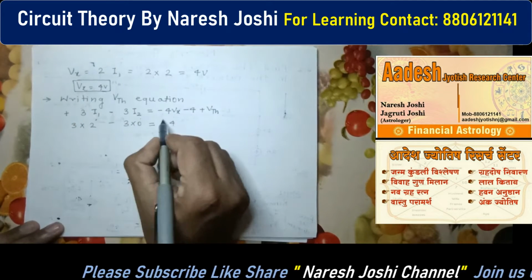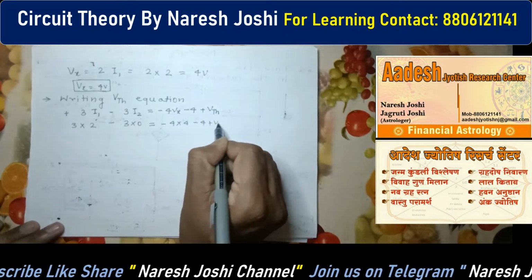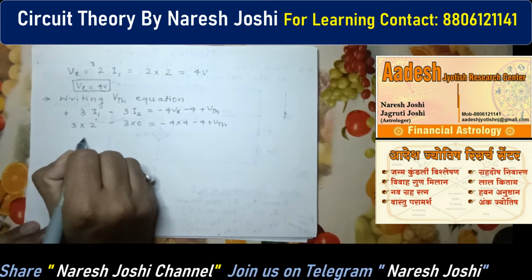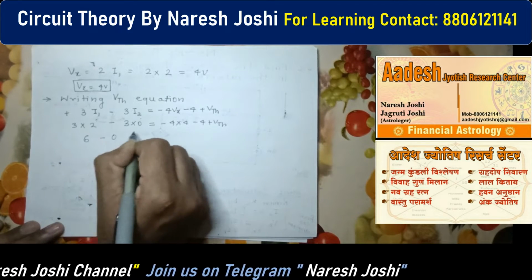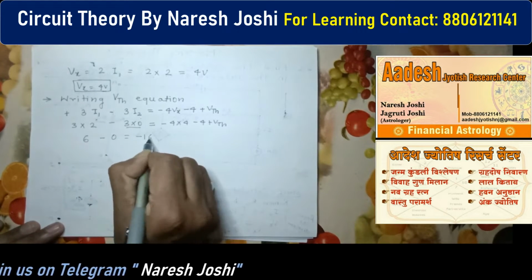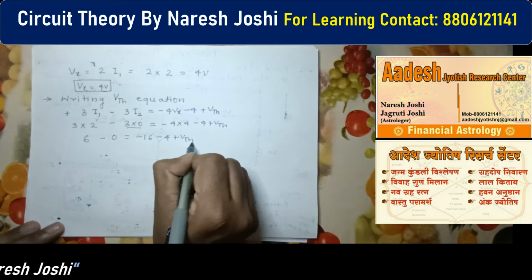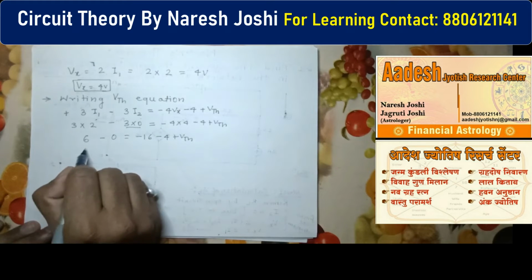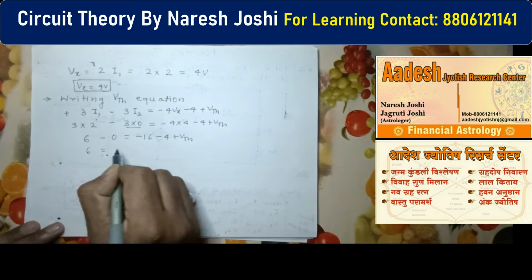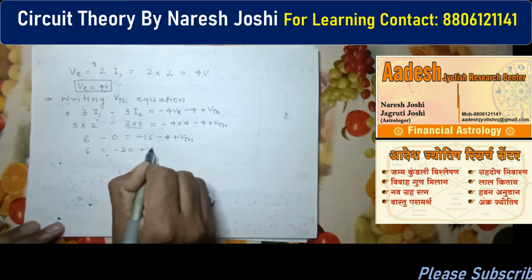Vx equals 4, so you have to put Vx equals 4 here and minus plus VTH. So this is 6, this is 0, it becomes 0. Now it is minus 16 minus 4 plus VTH. Okay, so this 6 equals minus 20, and this is plus VTH.